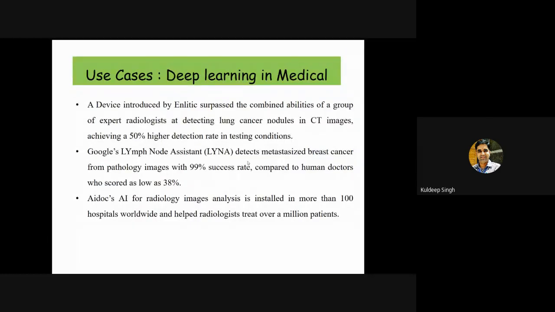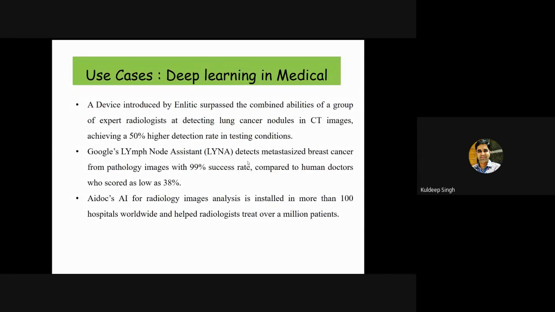Another use case: one of the major startups in the US is Analytic, which has invented a device that combines the ability of a group of expert radiologists at detecting lung cancer nodules in CT images. And surprisingly, it is achieving a 50% higher detection rate in testing conditions.